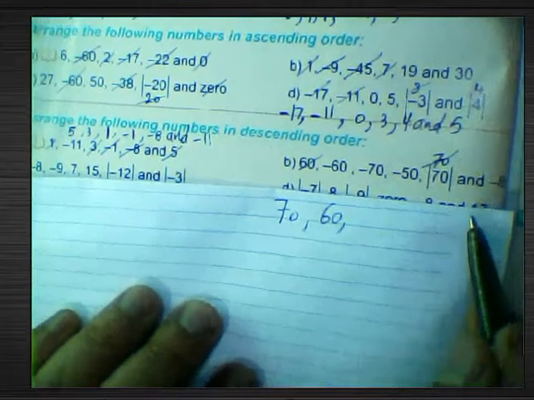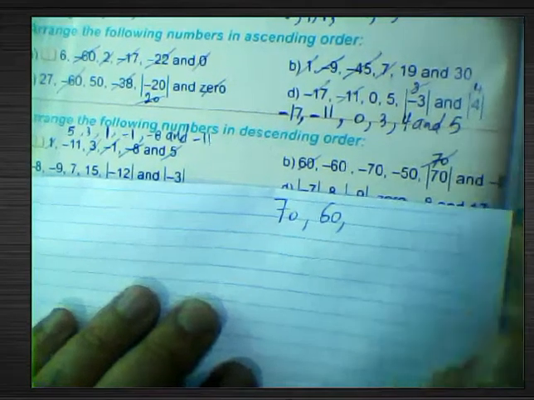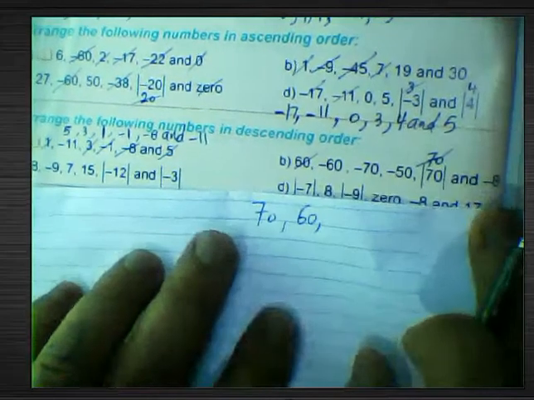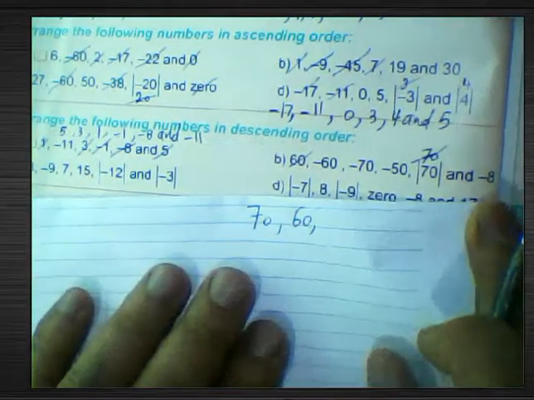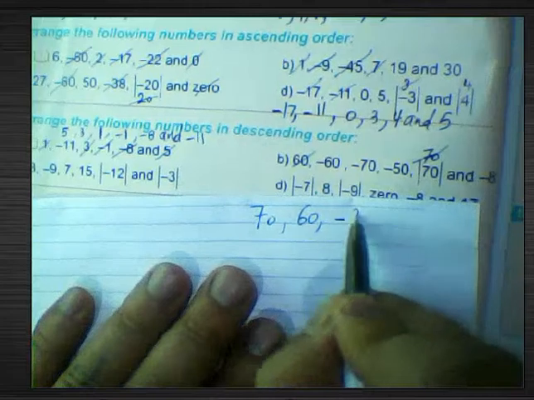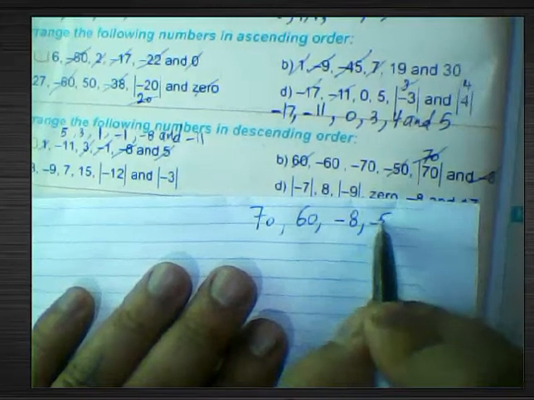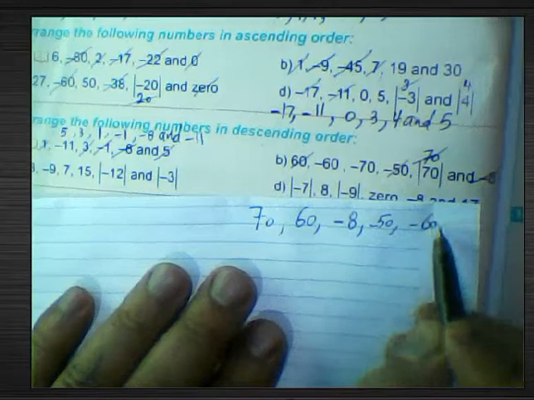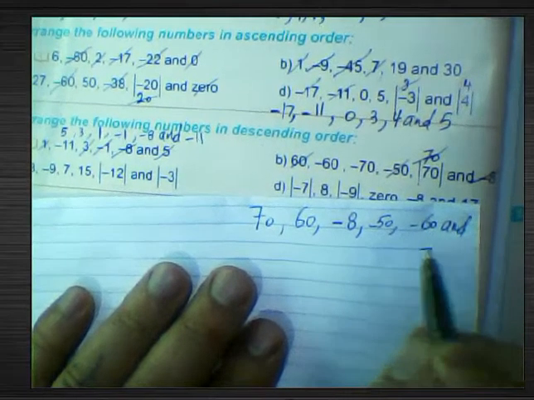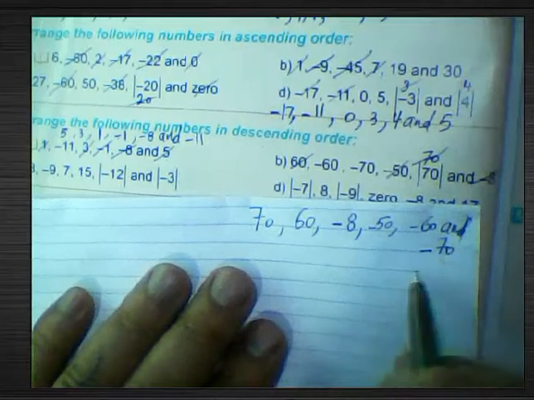We have negative 50, negative 8, and negative 60 or negative 70. We can write negative 8 first, negative 50, negative 60, and the last number negative 70.